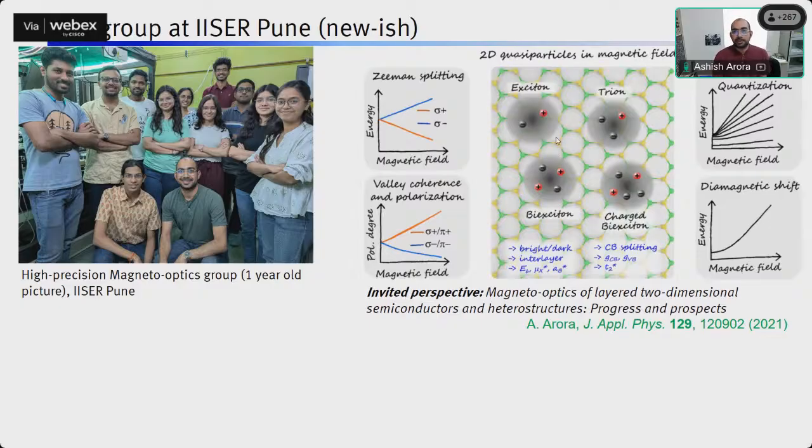By that, what I mean is these quasi-particles are Coulomb-bound electron-hole pairs, which are essentially similar to artificial hydrogen atoms and also called excitons, or trions, which are essentially 3 particle bound states now. So these are essentially, for example, 2 electrons and 1 hole, or 2 holes, 1 electron. Similarly, there could be other such Coulomb-bound species, such as 4 particle species, which is called a bi-exciton, 5 particle species, such as a charged bi-exciton.